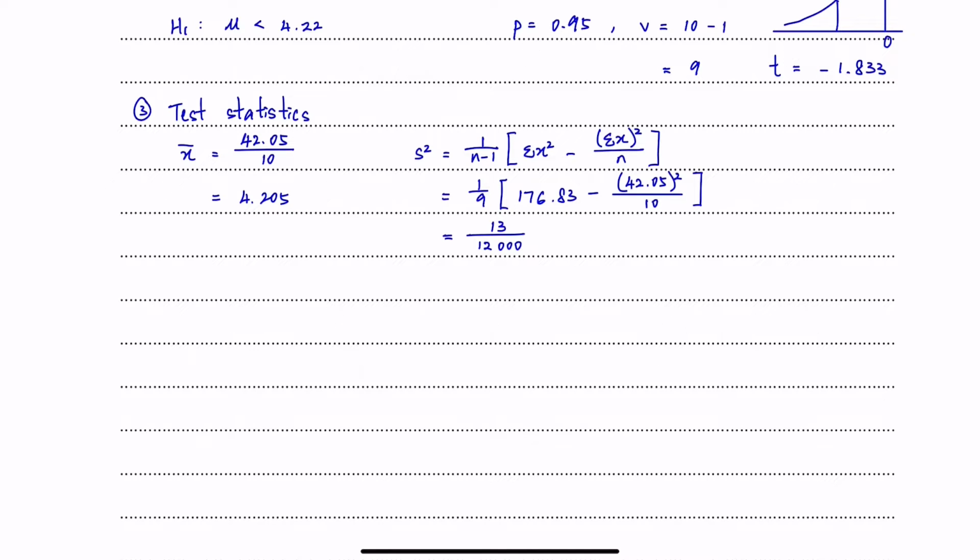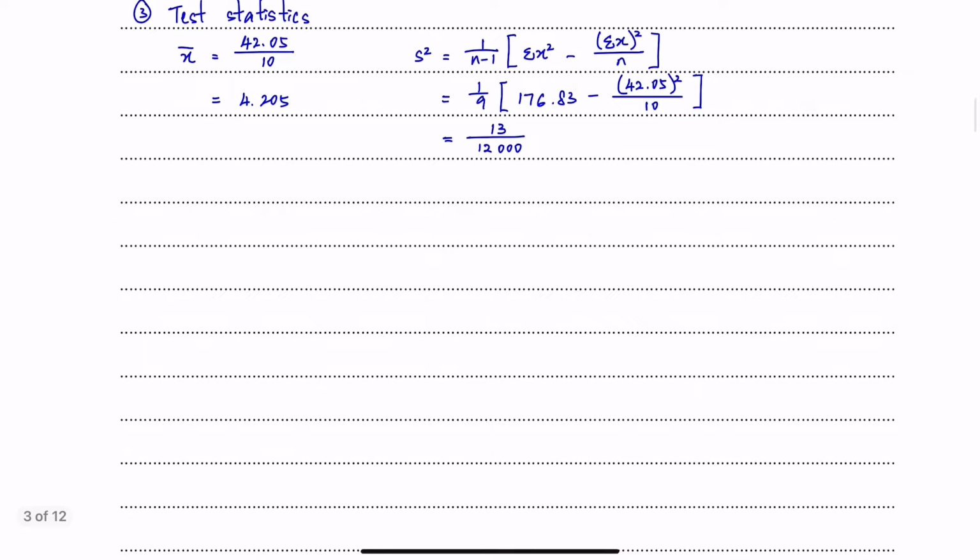Alright, and after getting x bar and s squared, we can now find the t value, our test statistic. The formula is x bar minus mu over the square root of s squared over n.